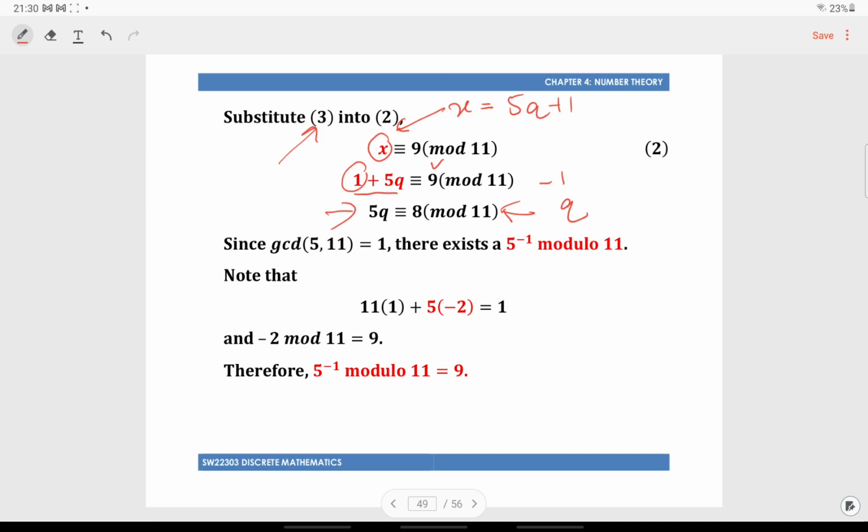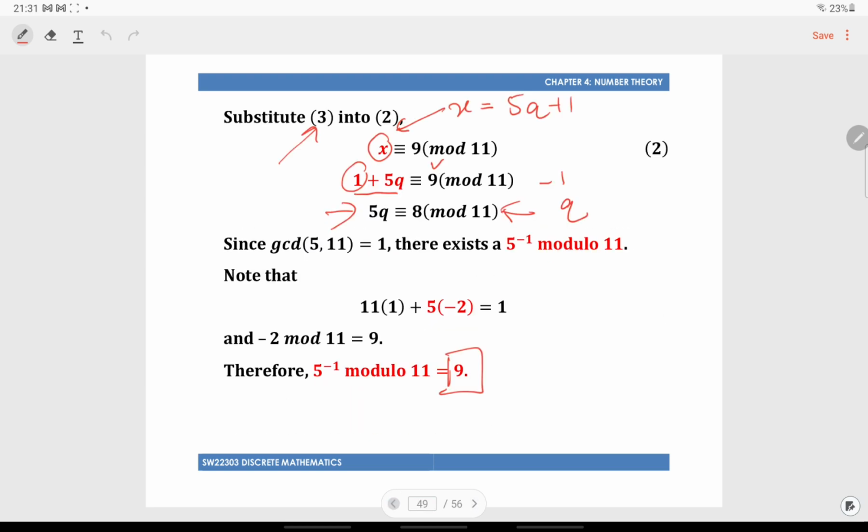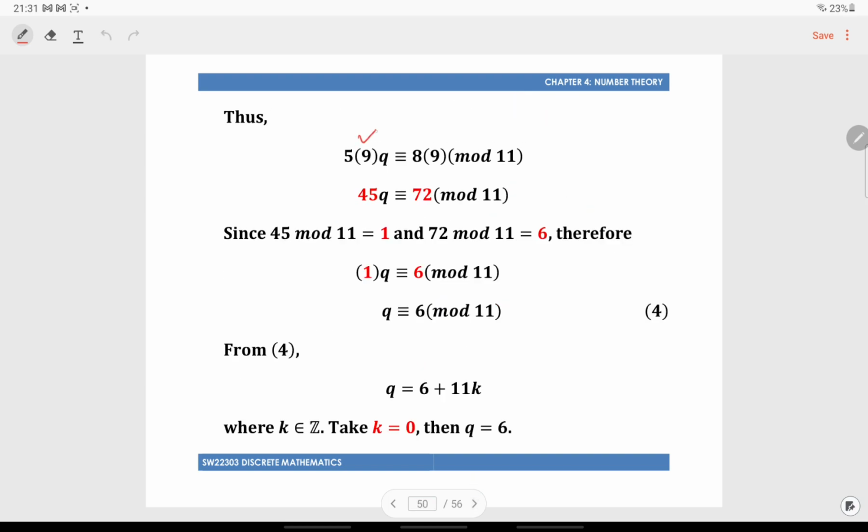The multiplicative inverse is equal to 9. The next step is to multiply this congruence on both sides by 9.